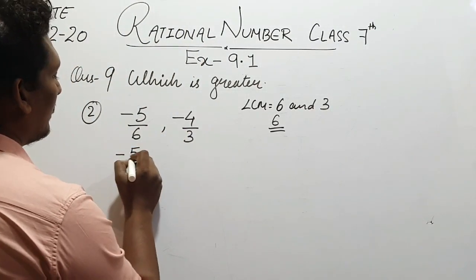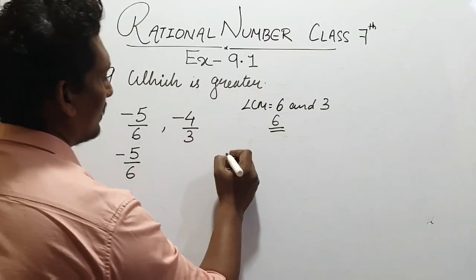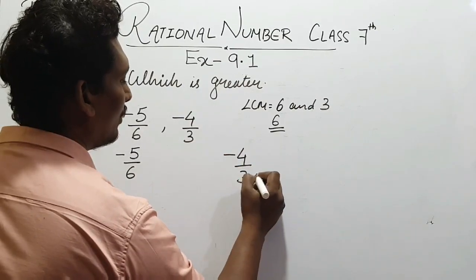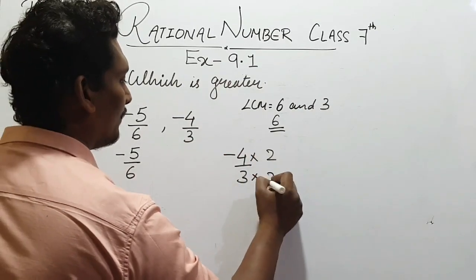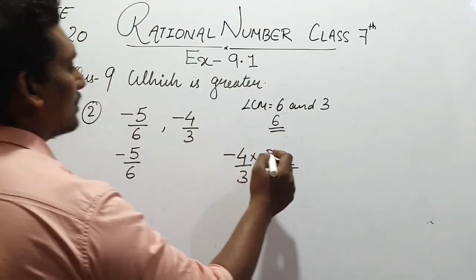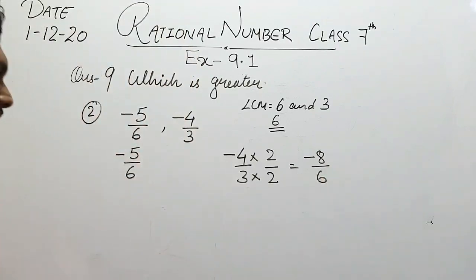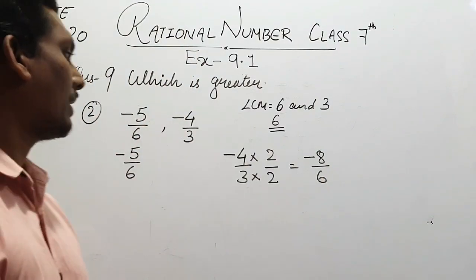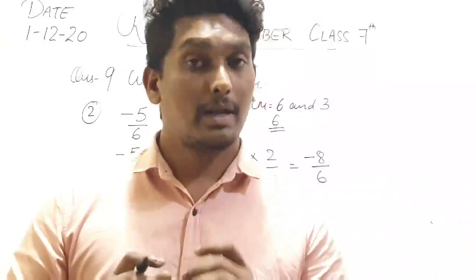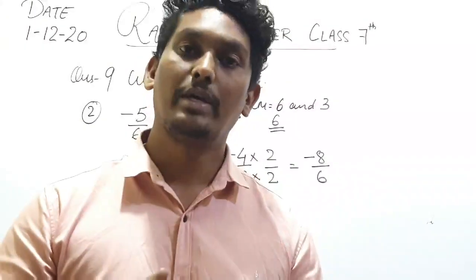So this stays minus 5 by 6, and for minus 4 by 3, what will we do? We will multiply with 2. So minus 4 into 2 is minus 8, over 6. As I told you, in negative numbers, the smaller numbers are always greater.